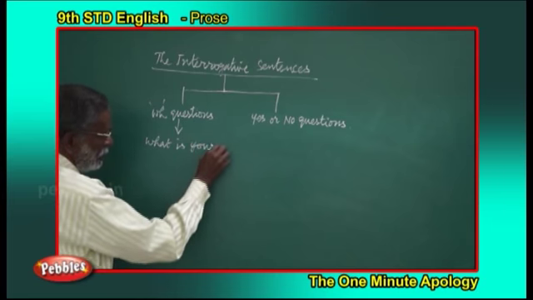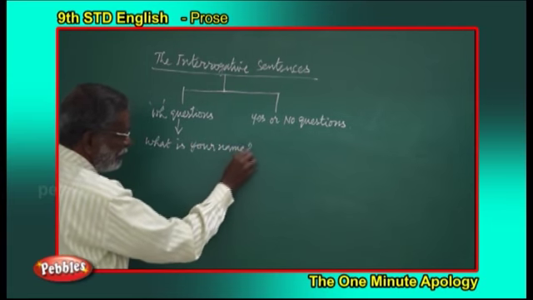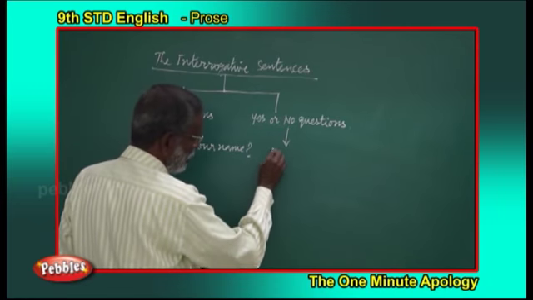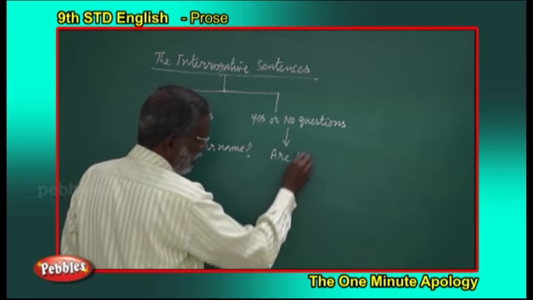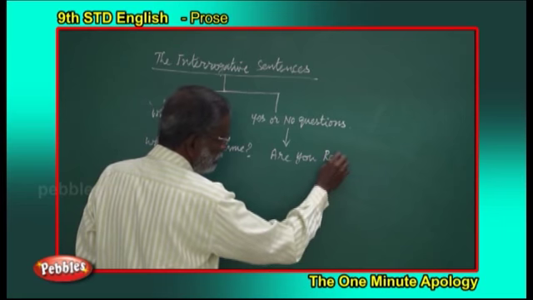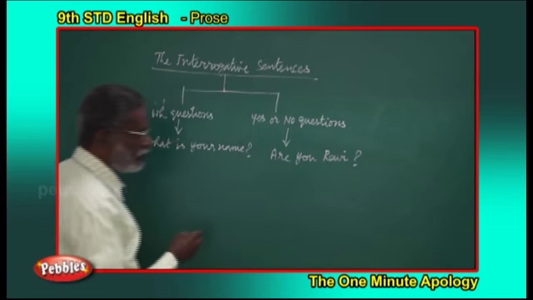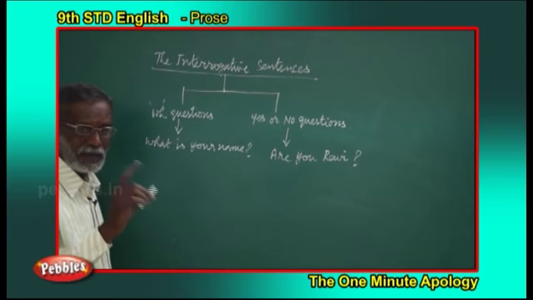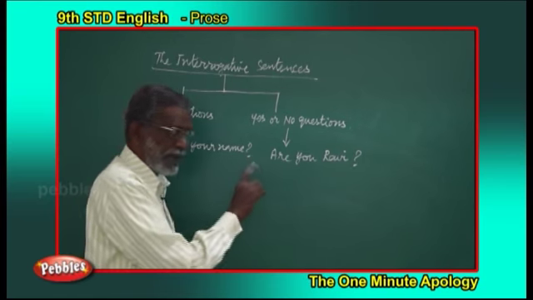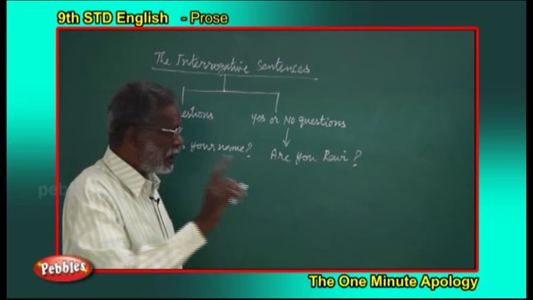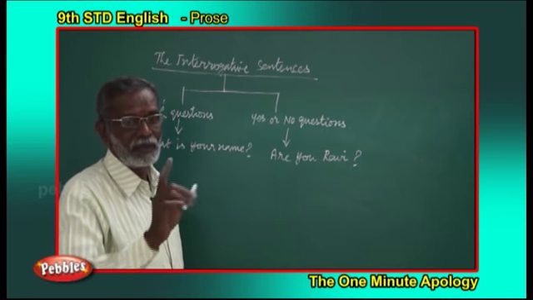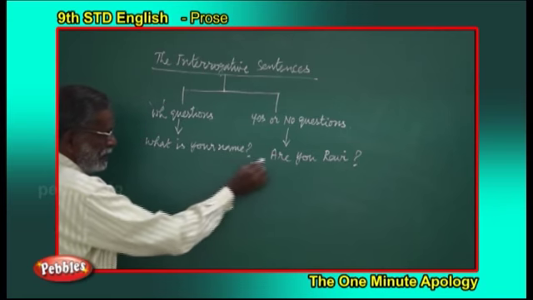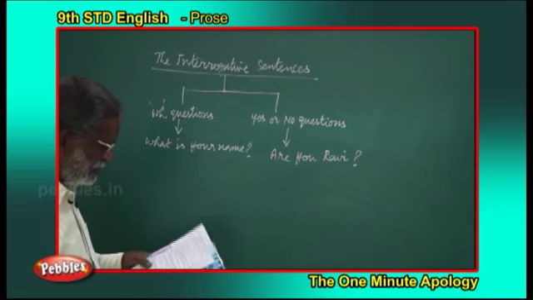Getting information. And here, are you Ravi? For this type of question, you have to say yes or no. If you are Ravi, you say yes, I am Ravi. If you are not Ravi, no, I am not Ravi, I am so and so. So these 2 are the different types of questions.